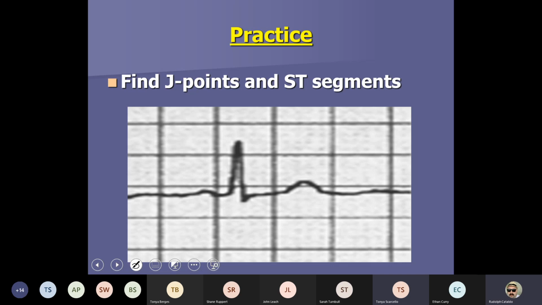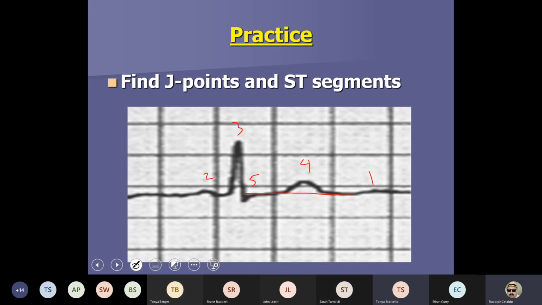What about here? Where's my J point? 5. 5. Okay. Baseline. Anything too concerning or no? Not really. Slight depression.